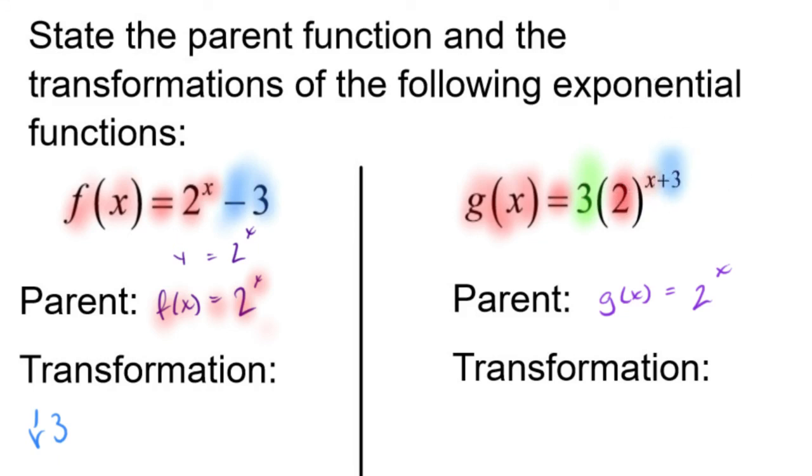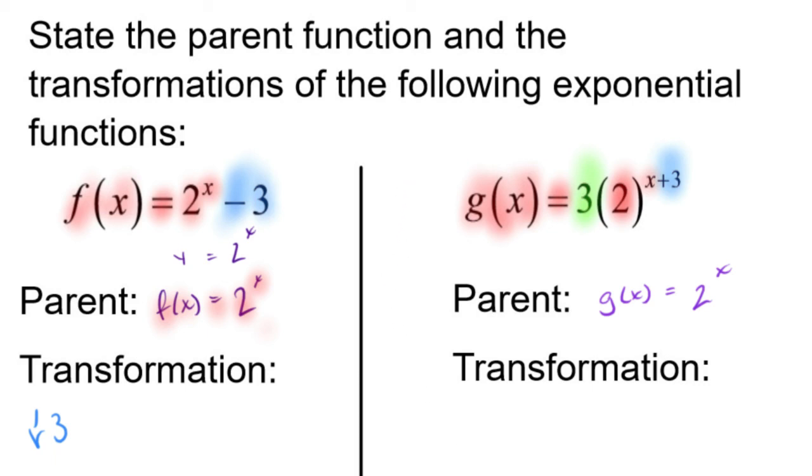So what is this 3 going to do? Any ideas? If you said vertically stretch the graph by a factor of 3, then you are incredibly correct. Basically, it's going to take your curve.